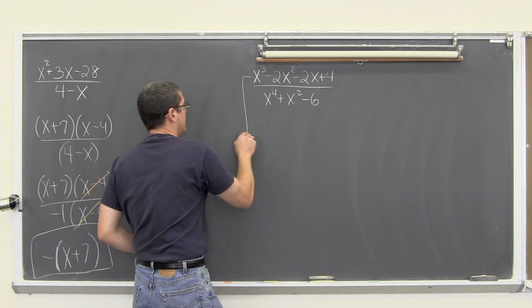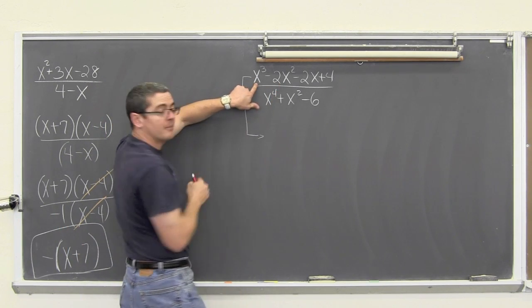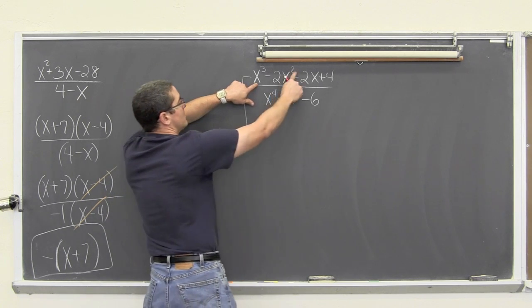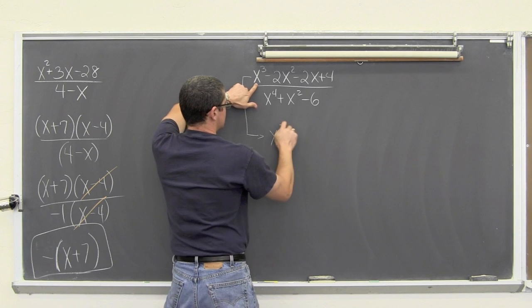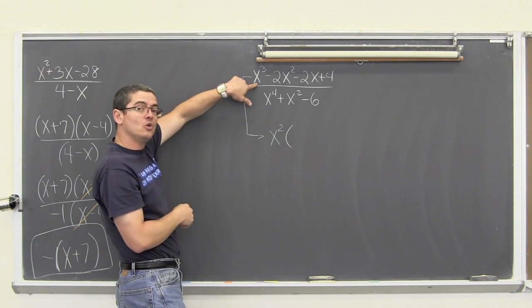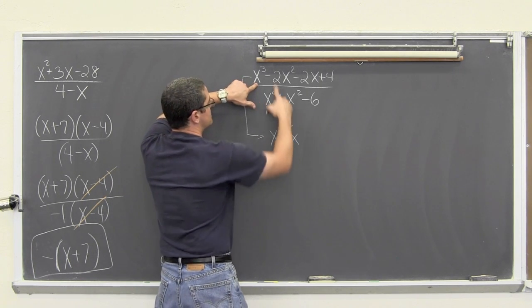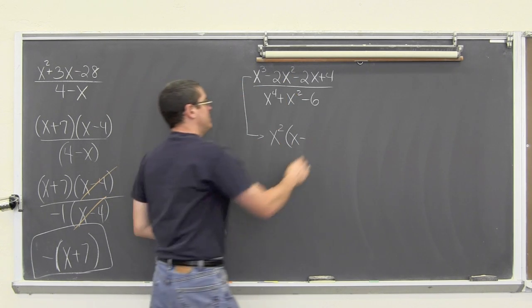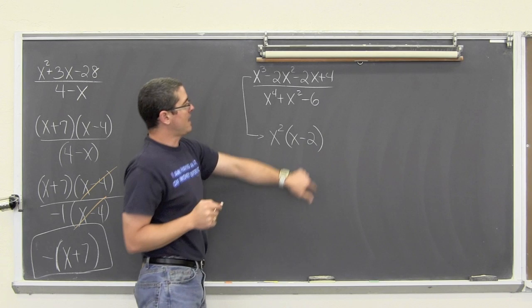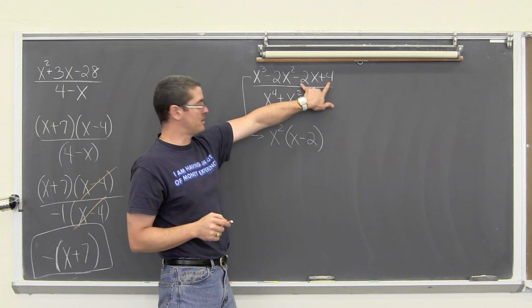We have, again, in our first two terms, both of these have an x, and we can take out the lowest exponent, which is x squared. So we have x squared, x cubed divided by x squared is x, minus, and then 2x squared divided by x squared is going to be 2. In the last two terms, we have a negative 2x and a positive 4.